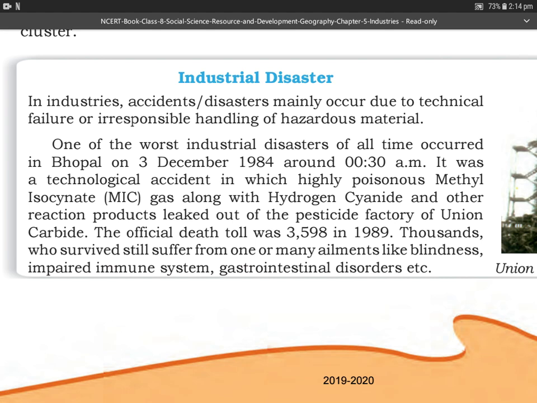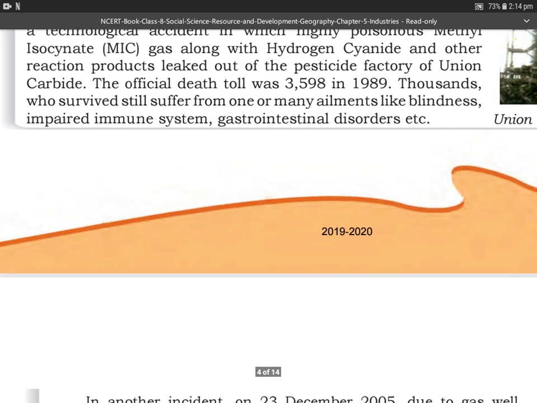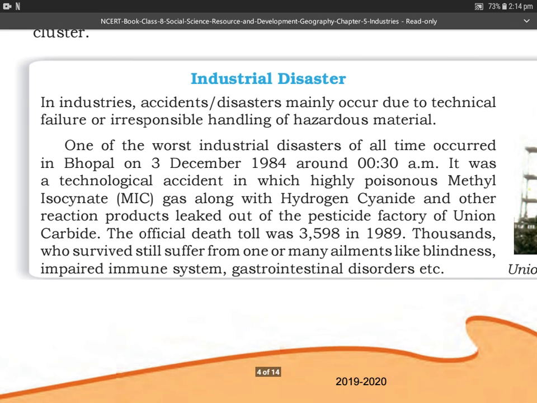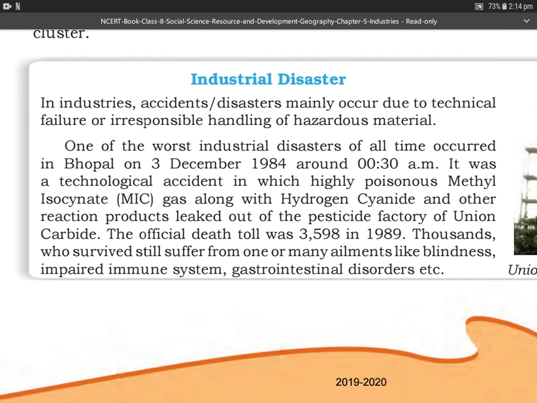All of a sudden at night it started leaking and this accident occurred. People could not run from that place and they suffered a lot. So of these two examples, you can remember any one, and hopefully you will learn the Bhopal case because it will help you in understanding that civics chapter also.